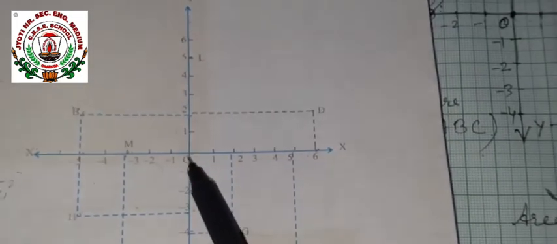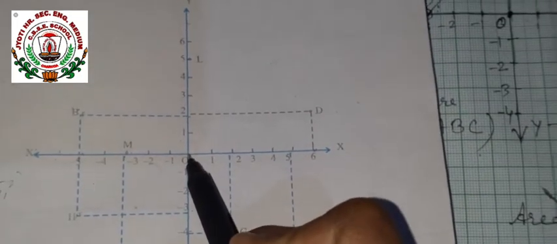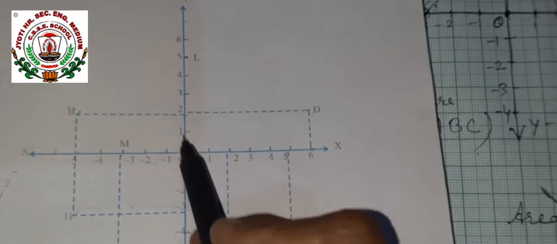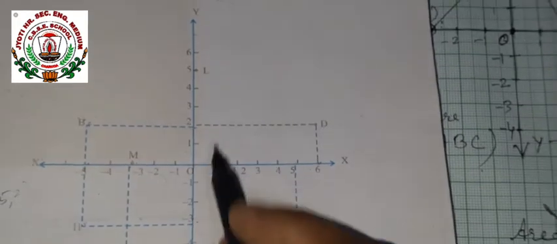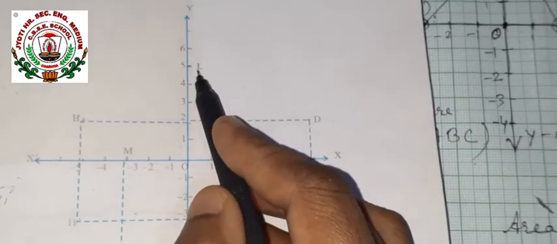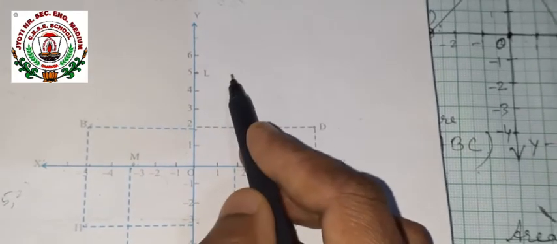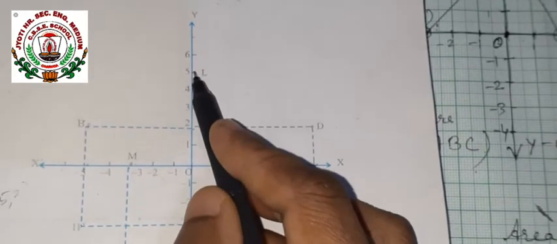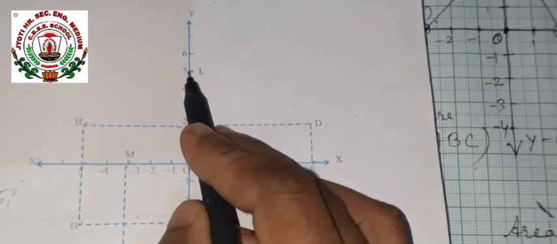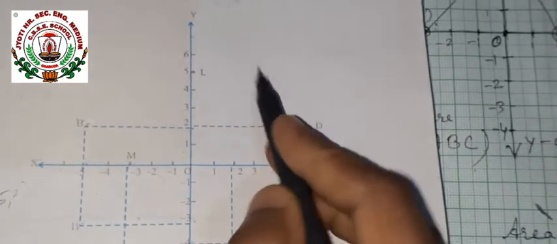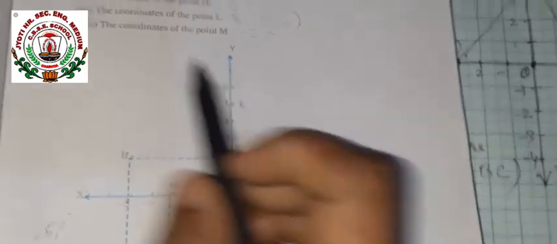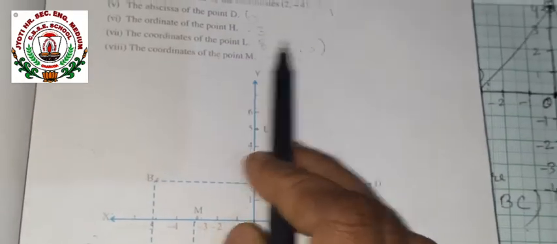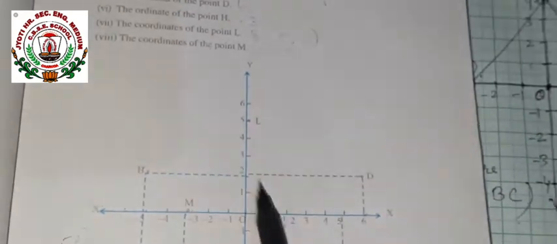So x value will be what? 0. X value will be 0, then only it will lie in this line only. So L coordinate will be x value 0 and y value will be 5, then only it is coming to 5. So 0, 5 will be the answer for L. That means the coordinate of L will be 0 and 5.